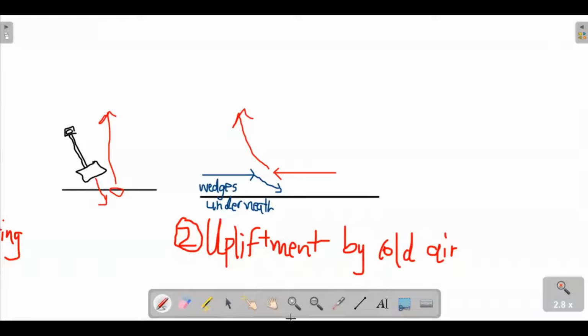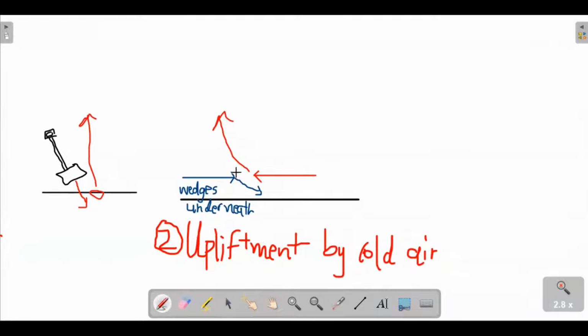So it's sort of something like that, I guess. The cold air wedges underneath, it moves underneath the warm air, and hence forces the warm air to rise up. So the warm air now is pushed upwards by upliftment. It is lifted upwards. The reason why it rises upwards is because it is pushed by the cold air.